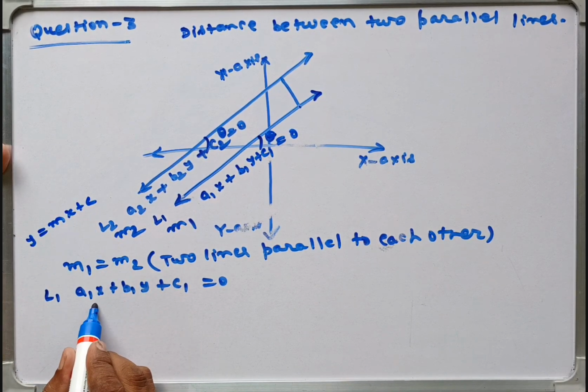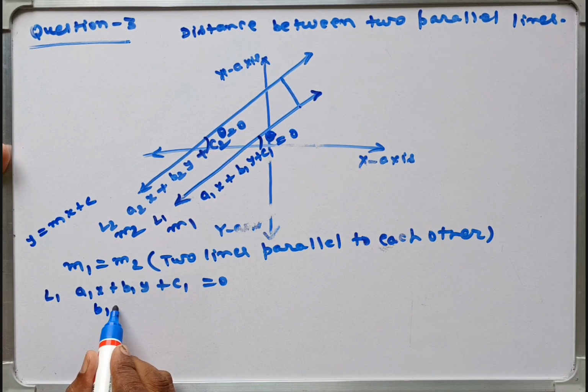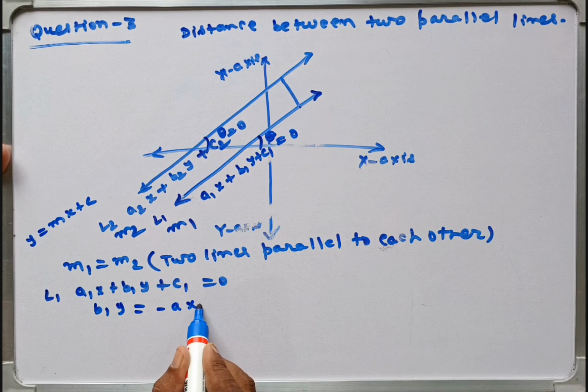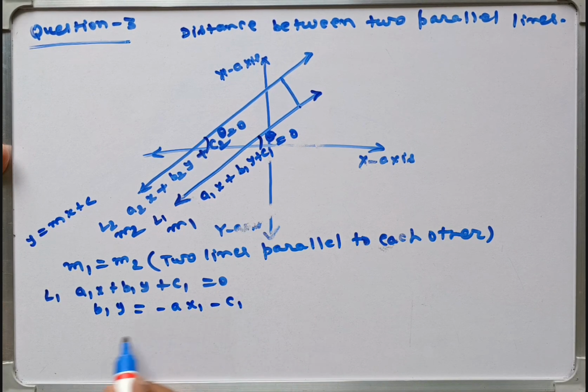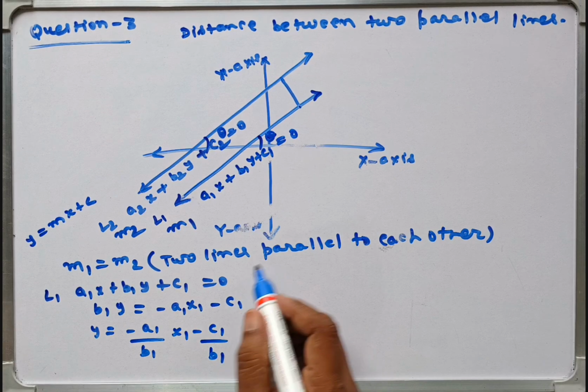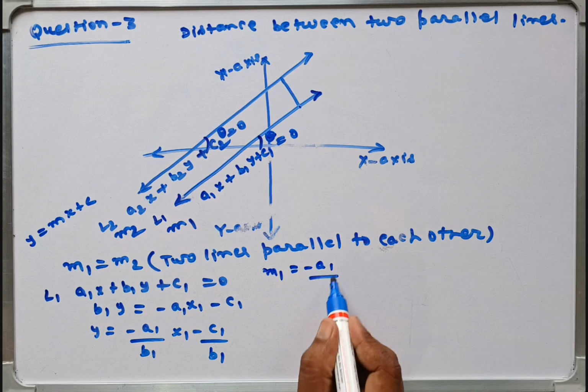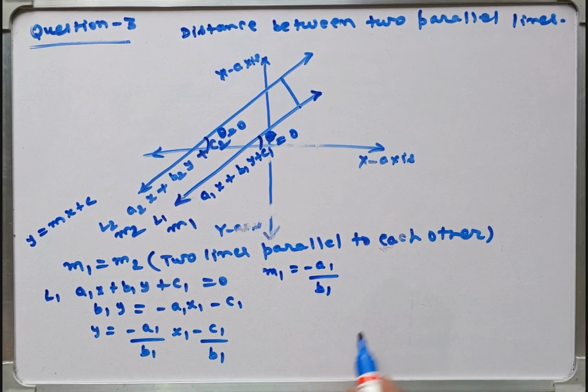So this will come b1y equals minus a1x minus c1. So y will come minus a1 divided by b1 x, or minus c1 divided by b1. So the m1 value will come minus a1 divided by b1.